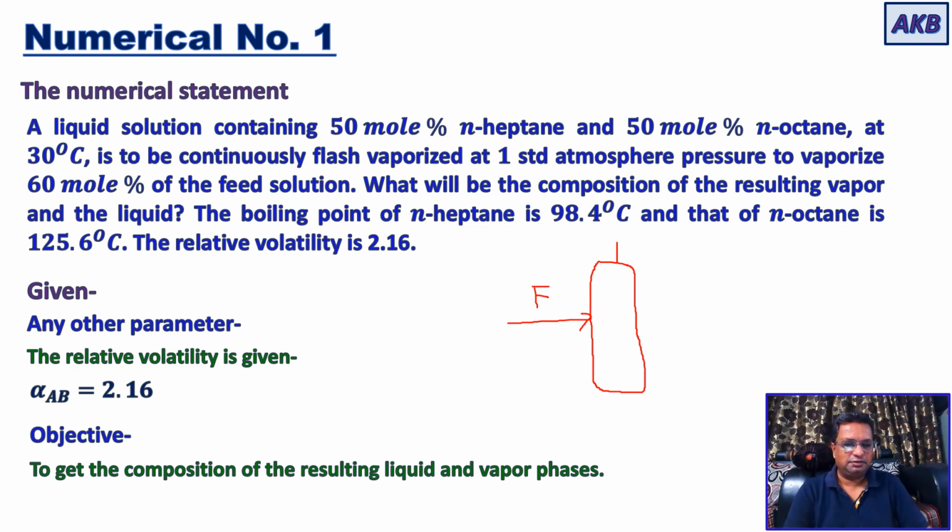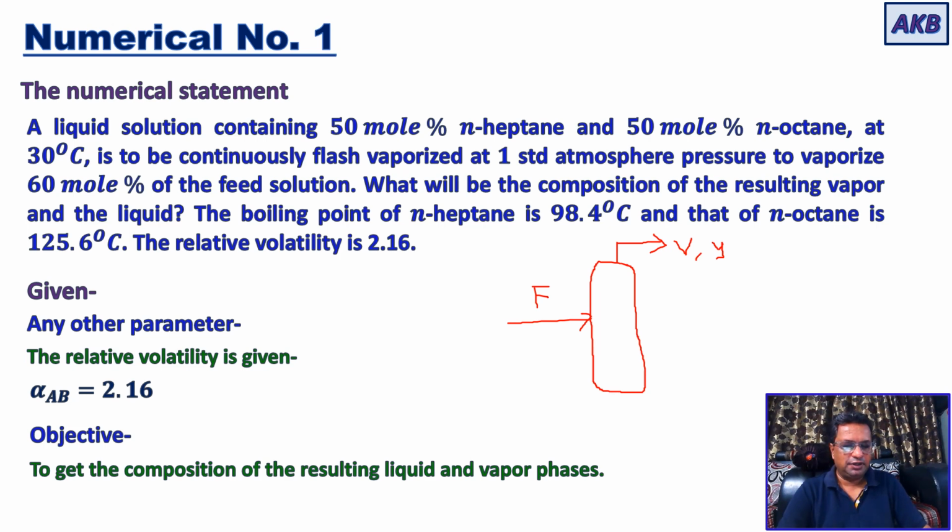Due to flash vaporization, the feed solution will be partially vaporized, that is, it will be a two-phase mixture. Then vapor and liquid will be allowed to come in equilibrium with each other, and after equilibrium is achieved, vapors are removed from the top, which has Y as the mole fraction of the more volatile component in it. More volatile component is N-heptane.